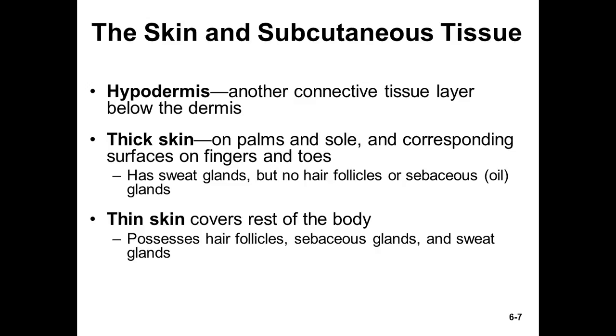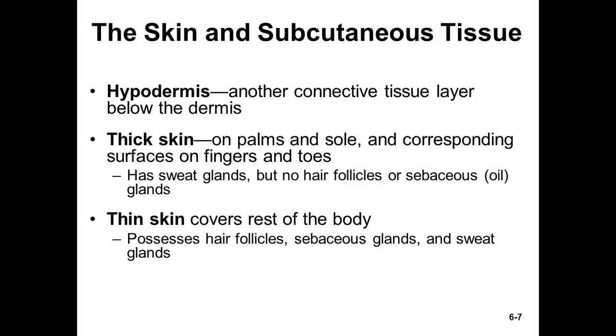In this area of the body, you do have sweat glands, but you don't have the hair follicles, you don't have the sebaceous glands, but we do have sweat glands because people often sweat in the palms of their hands, and people often sweat on the soles of their feet.